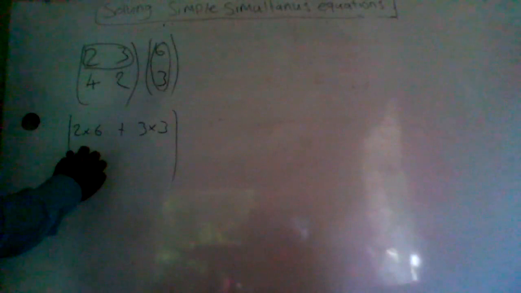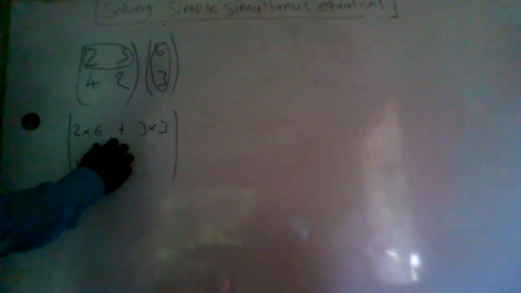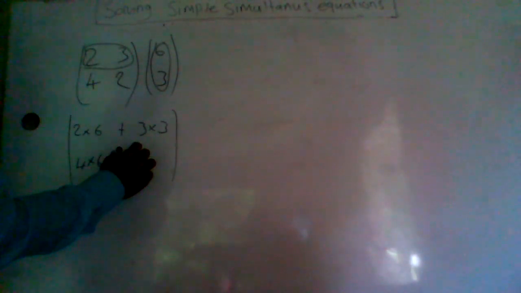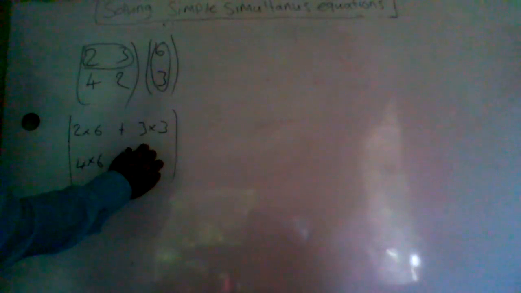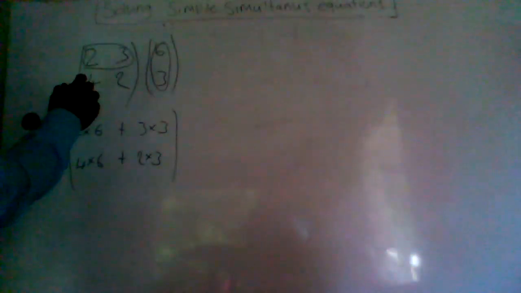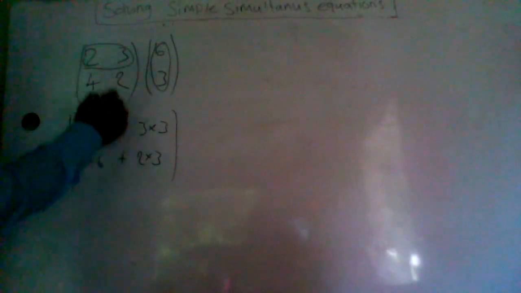For row 2, column 1, we'll have 4 times 6 plus 2 times 3.